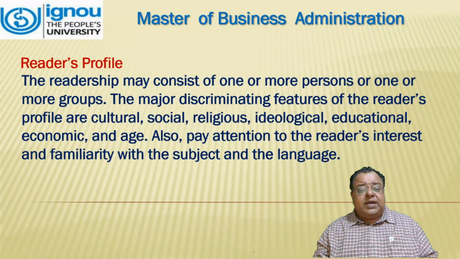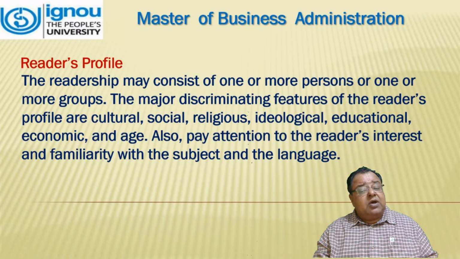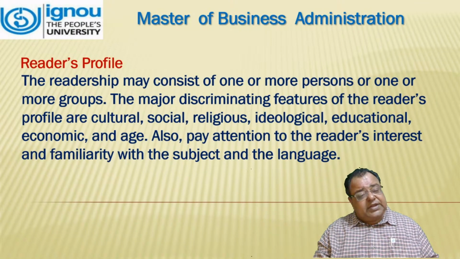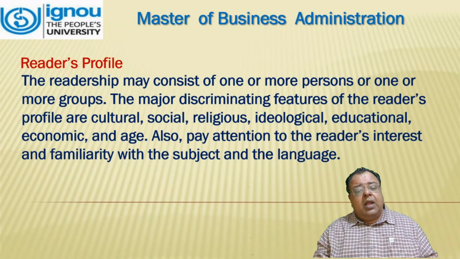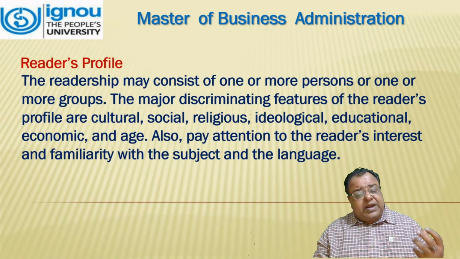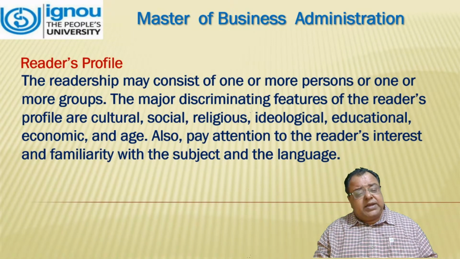The readership may consist of one or more persons or one or more groups. The major discriminating features of the reader's profile are cultural, social, religious, ideological, educational, economic, and age. These are all the factors. Also pay attention to the reader's interest and familiarity with the subject and the language.